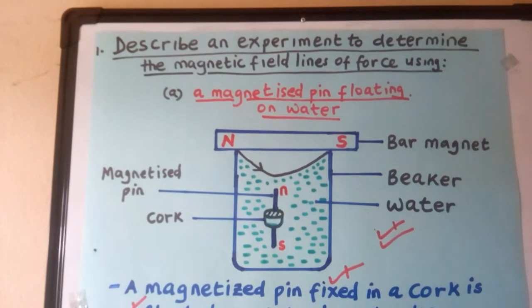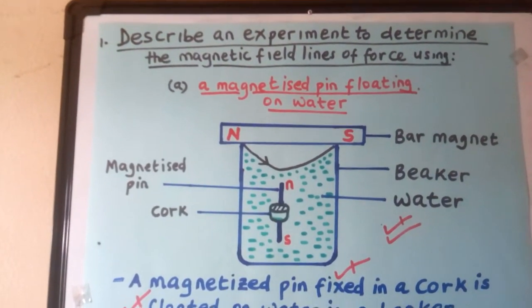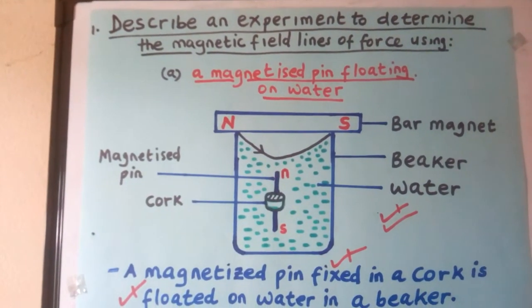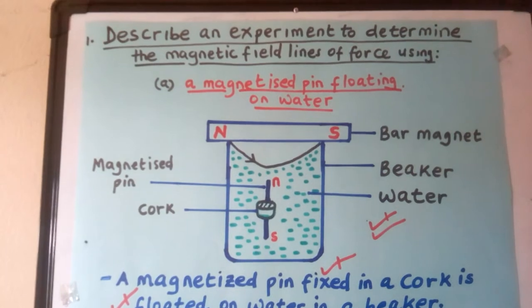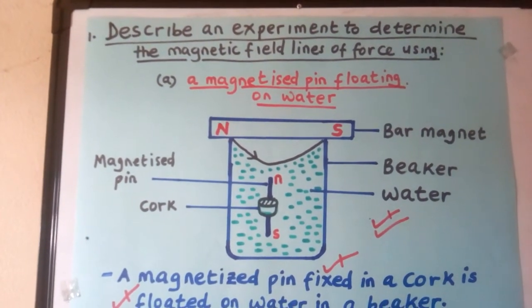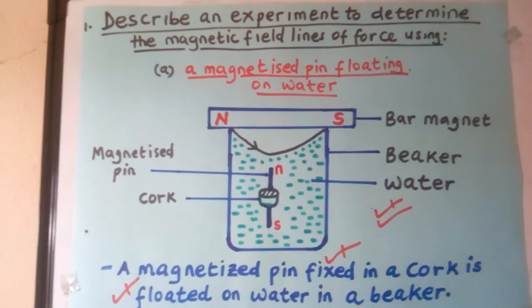So there should have been an experiment carried out to find out that the magnetic field line of force moves from north to south. And here we are going to have an experiment. In this experiment, we need a bar magnet, and we also need a beaker. So we have a bar magnet.